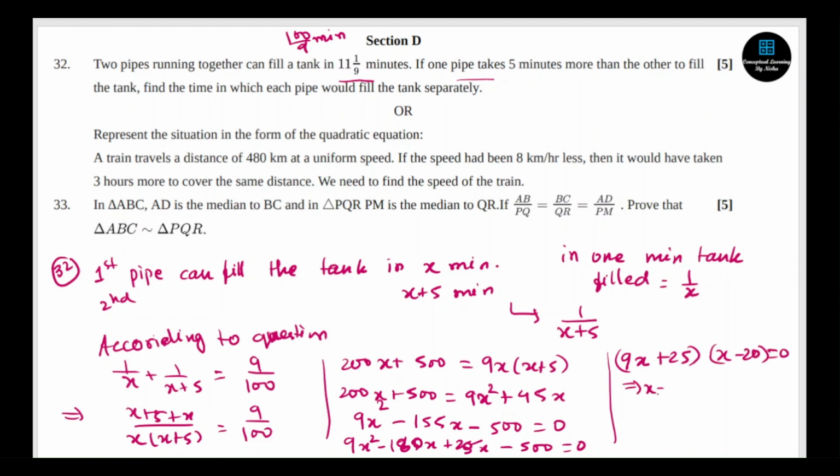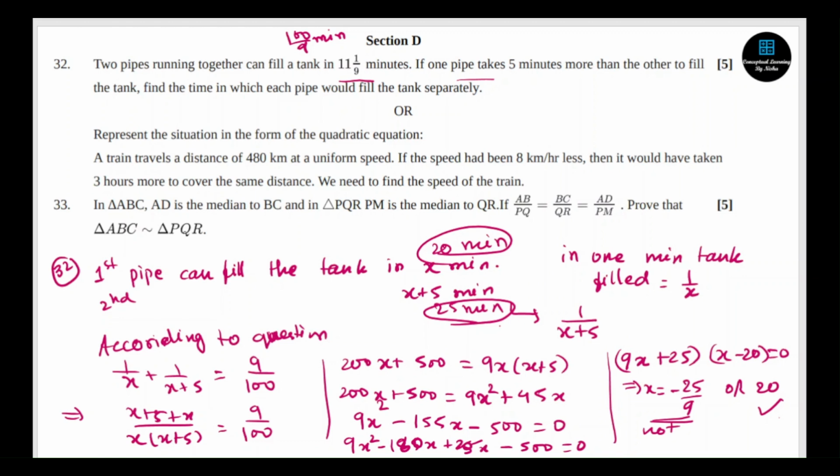So x equals minus 25 upon 9 or 20. Negative is not possible, so 20 is the only possibility. So x equals 20 minutes. This is 20 minutes and this is 25 minutes. Correct? You have to write your final answer in a proper manner.